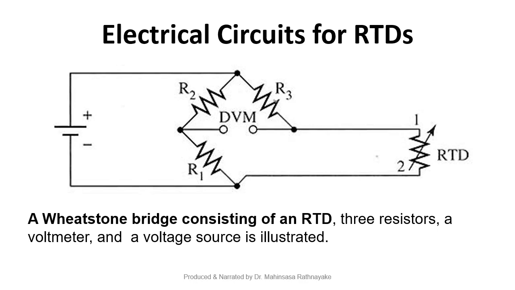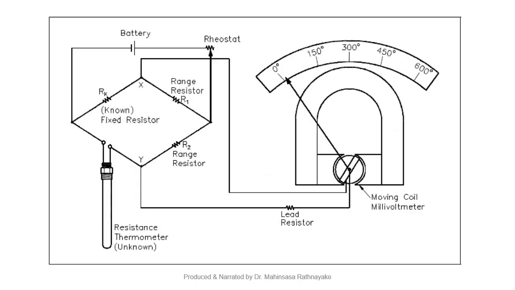From the Wheatstone bridge circuit, we can find the unknown resistance that corresponds to the unknown temperature. Accordingly, the scale of the moving coil millivoltmeter can be scaled with the temperature proportionate to the unknown resistance in the Wheatstone bridge circuit.